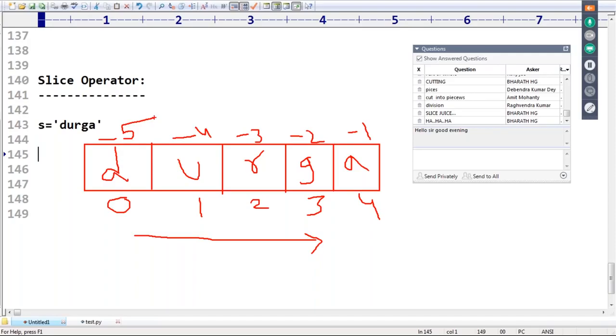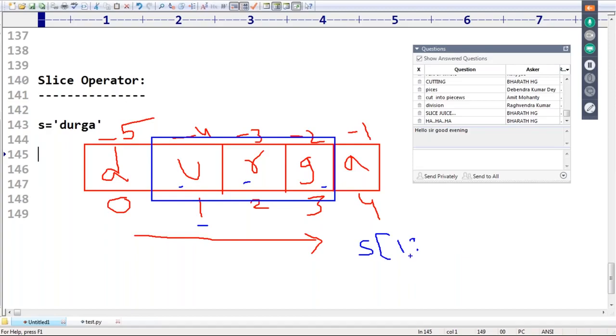Now observe that I want only this piece, this slice. How can you do that? S of 1 colon. Index 1, 2, 3, from index 1 to 3.